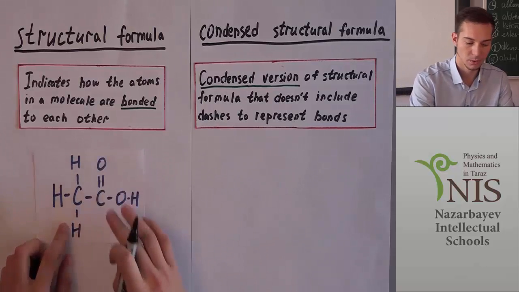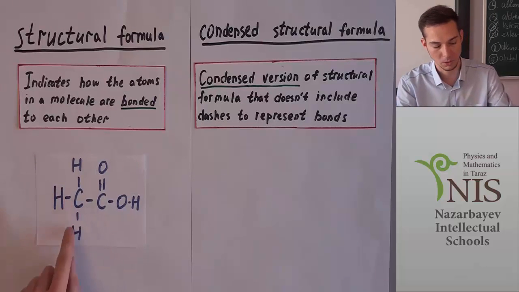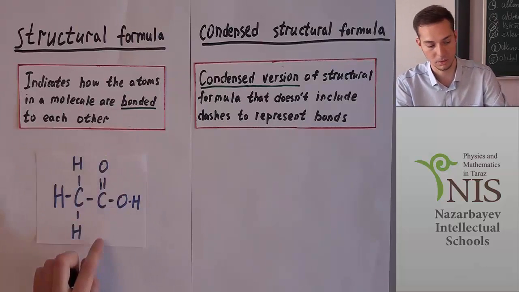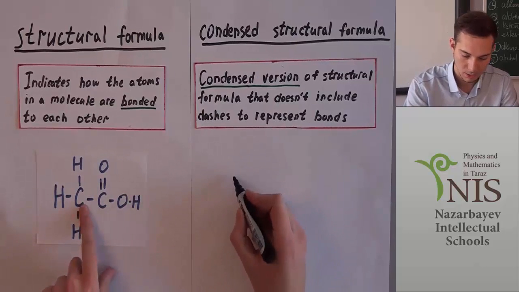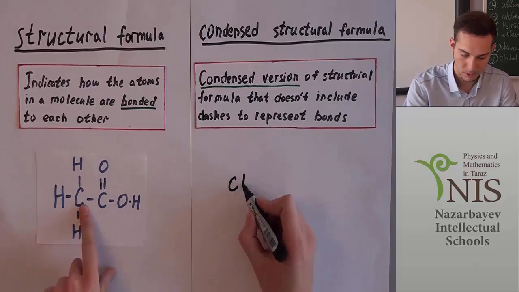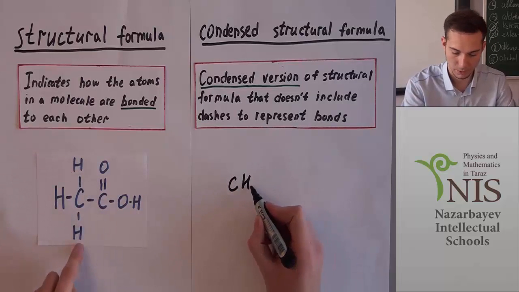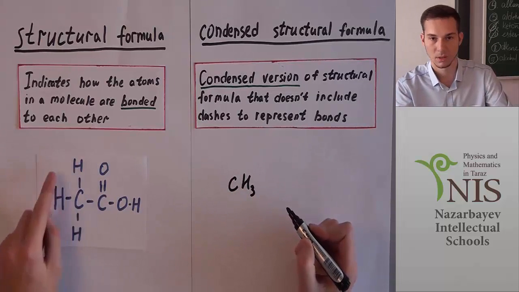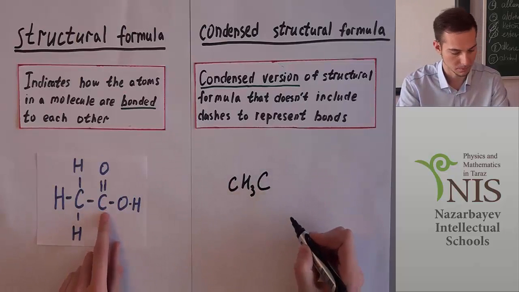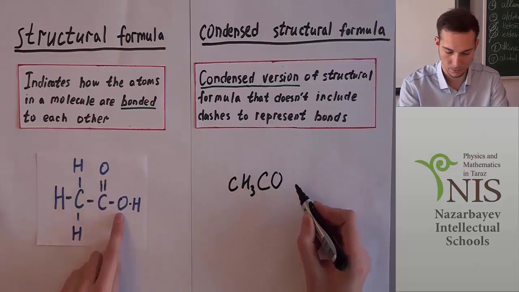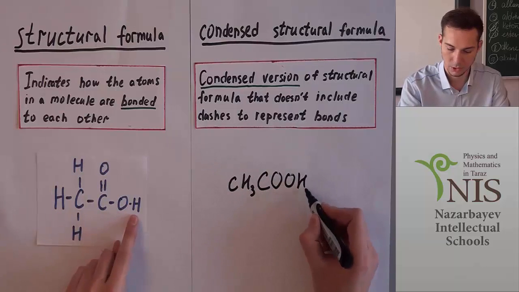Let's throw out from this structural formula all dashes which represent our bonds and try to write this. C, H, 1, 2, 3, which represents the hydrocarbon radical. Next one, C, O, O, H.